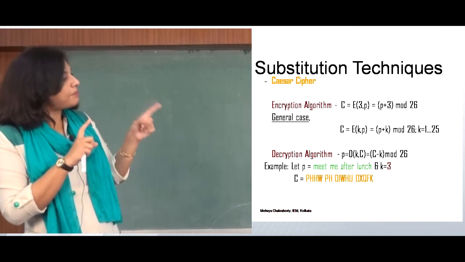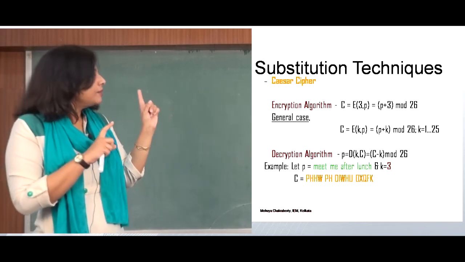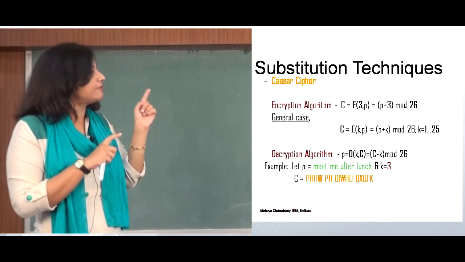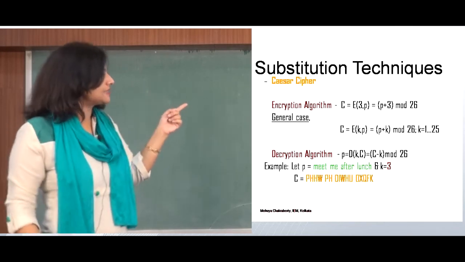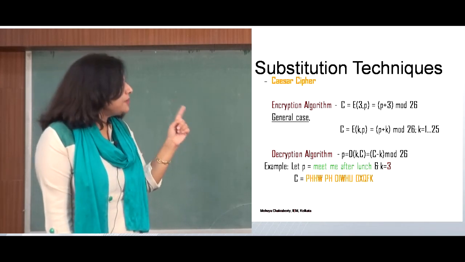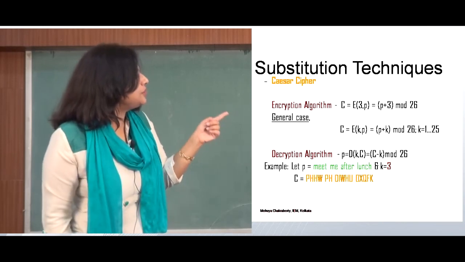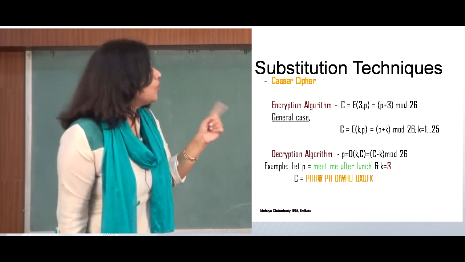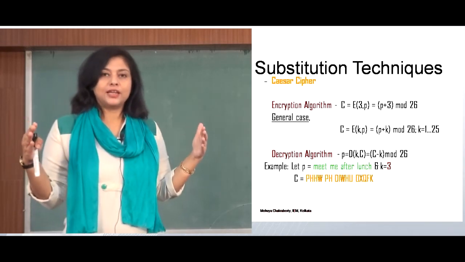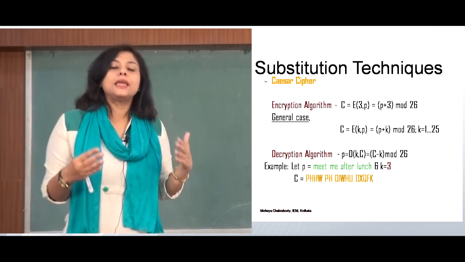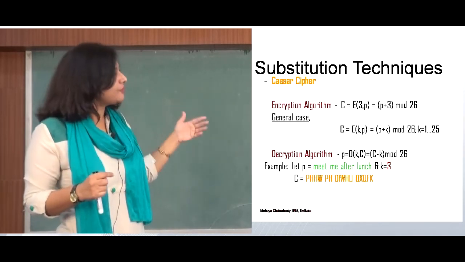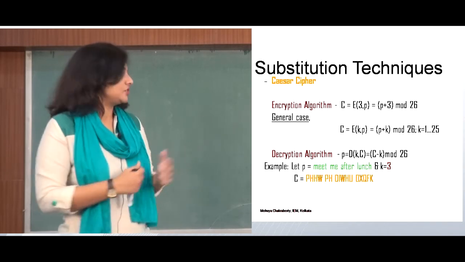If you apply the encryption algorithm on this plain text, you will get the ciphertext C as PHHW PH DIWHU OXQFK. Now, if you send it over the communication channel, one who does not know the key or the algorithm will not be able to decipher the message. That way we have encrypted the message.